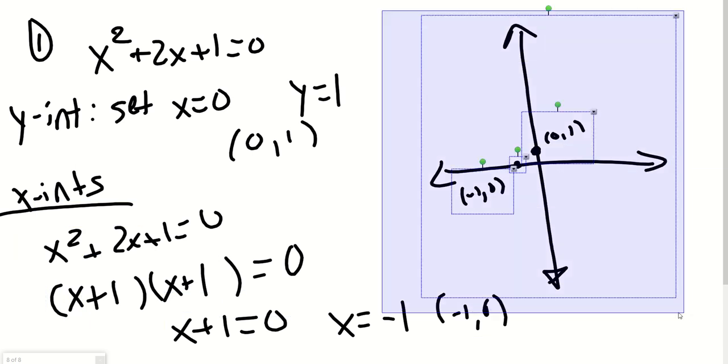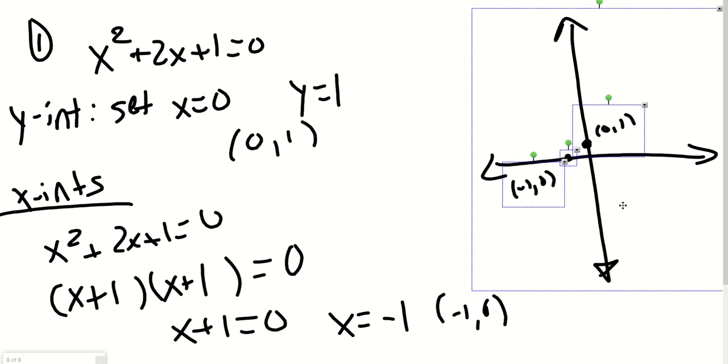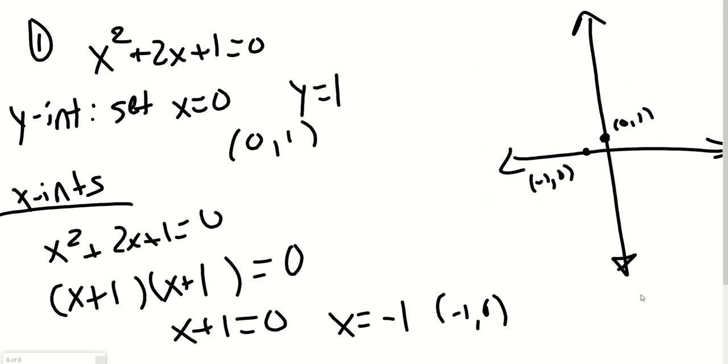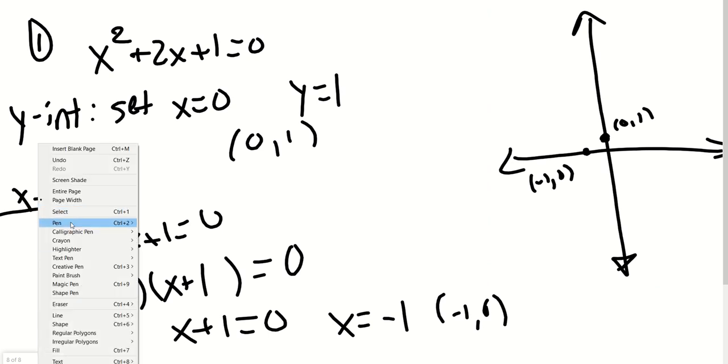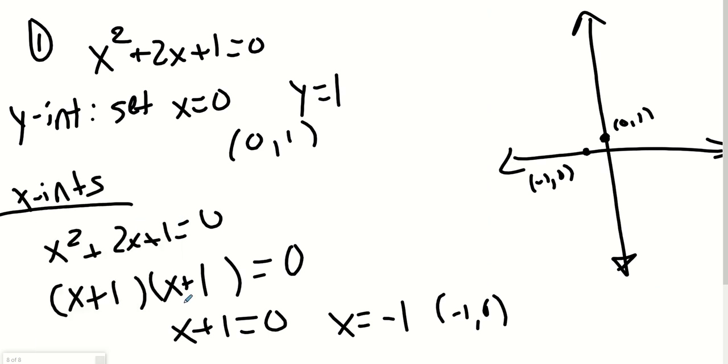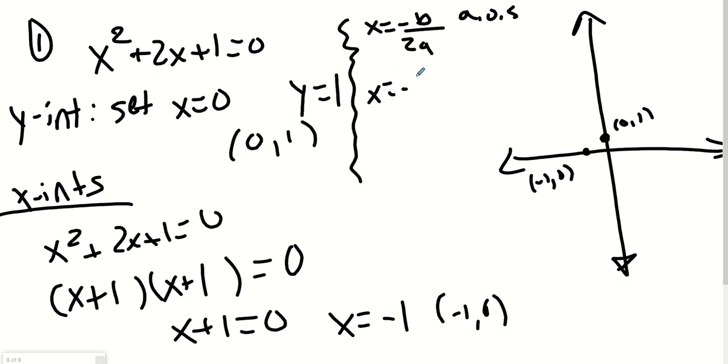Okay, so now we have x equals -b over 2a. That's going to be our axis of symmetry, AOS for short. Okay, b is 2, so we have -2 over a is 1, so 2 times 1. So x equals -2 over 2.